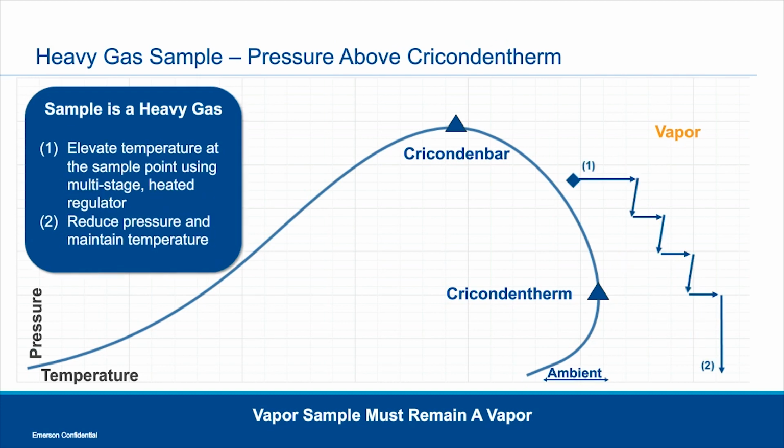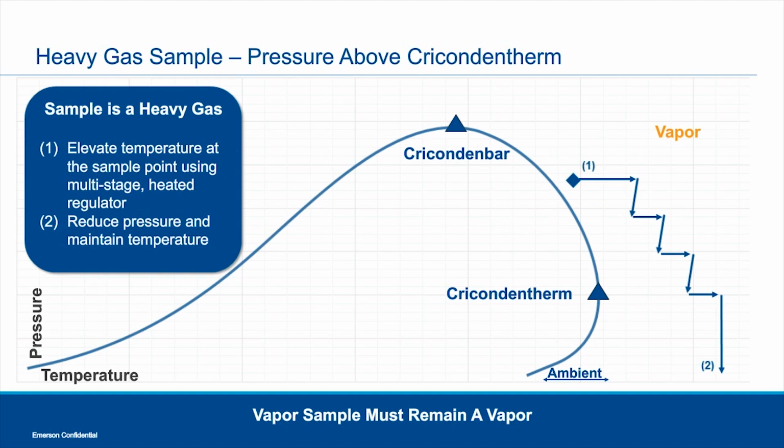Another heavy gas example is this time you have a lot of pressure and you're also close to the curve. So you will have to do this one in stages. A lot of times it's either a 2-stage regulator or a 4-stage regulator. Again, you want to apply temperature first before you start reducing pressure. You need to get away from the curve.